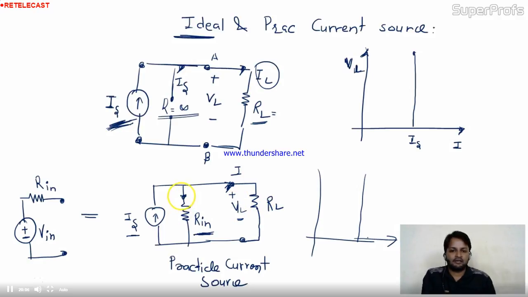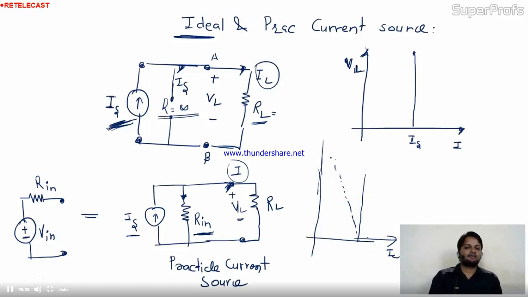So the current going into this branch will be increasing, because V is directly proportional to I. If V increases, the current will also increase. So this I will be decreased. Actually, this circuit will be like this. So this is the ideal and practical current sources.